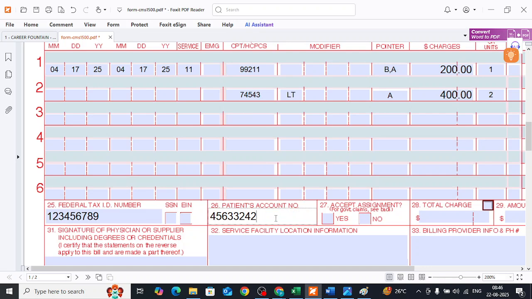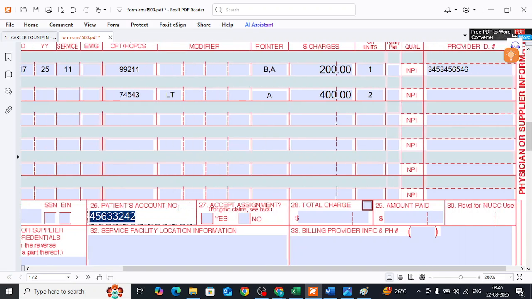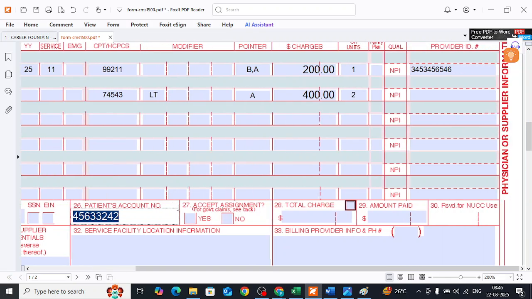And whenever the insurance company creates the EOB, they will mention this account number on the EOB, so it is easy to post. And sometimes electronic EOBs get posted automatically into the software. So this is very important, then only it can be posted automatically into the correct account.